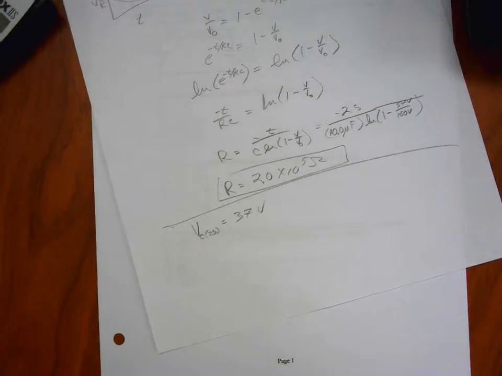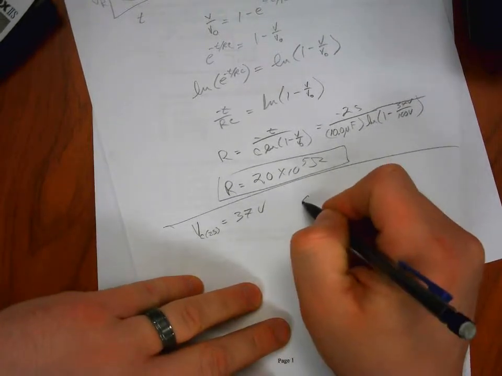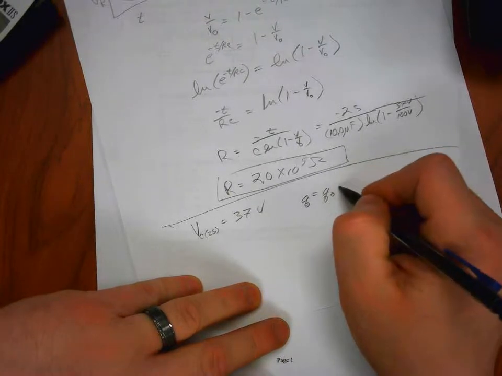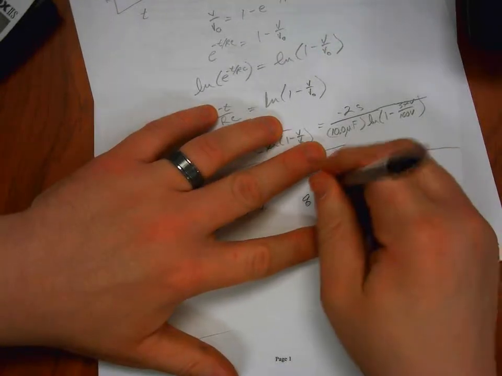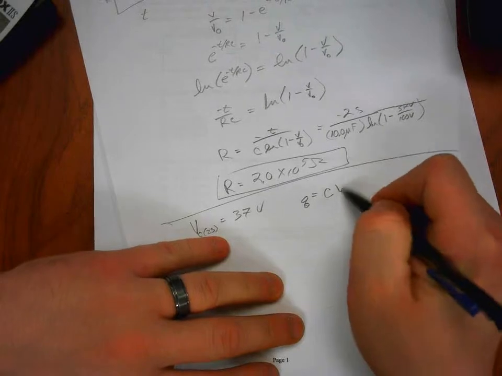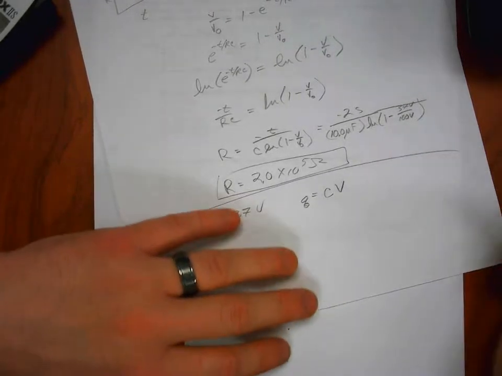We know that, so then we know what the charge is on the capacitor, because Q equals C times V. That's just our equation for a capacitor.